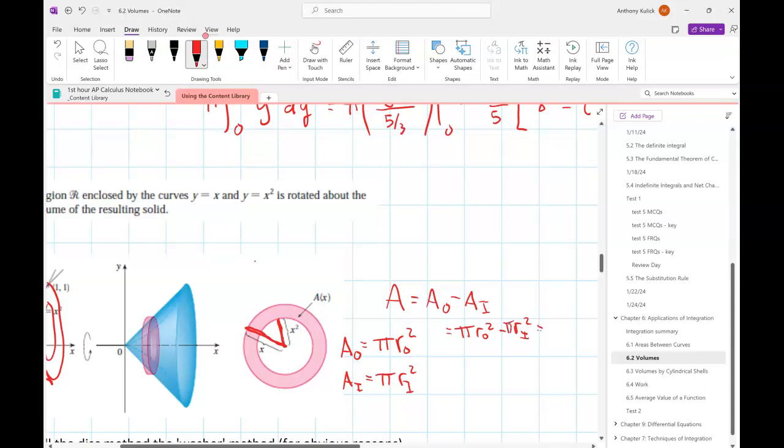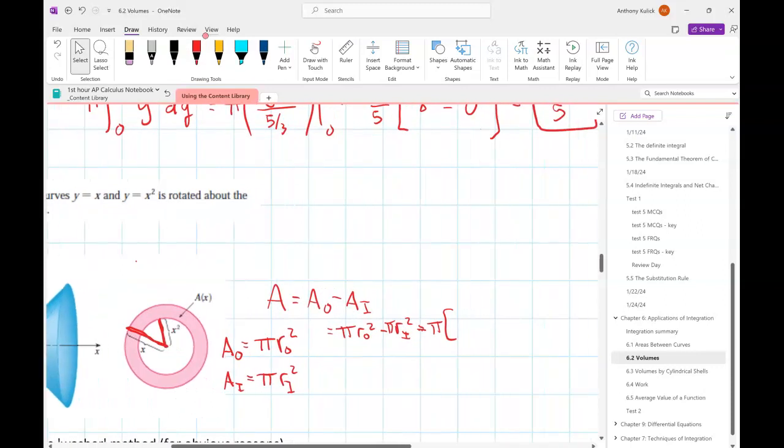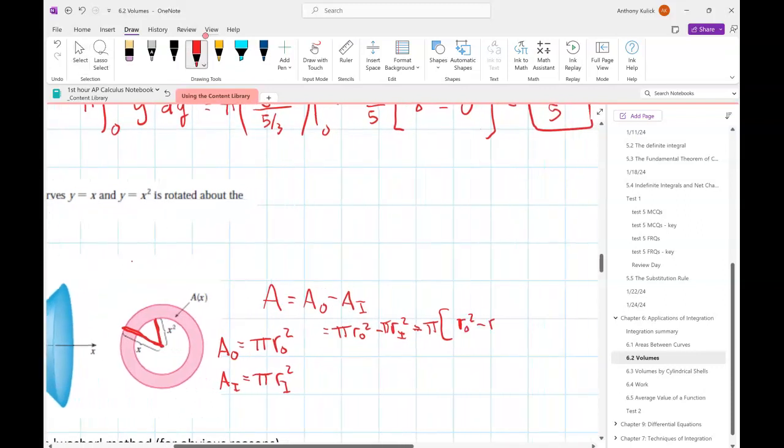And if I factor that pi out, it's going to be pi times r(O) squared minus r(I) squared. And now if I think about this in terms of functions, it's going to be like the area of the outer function minus the area of the inner function.